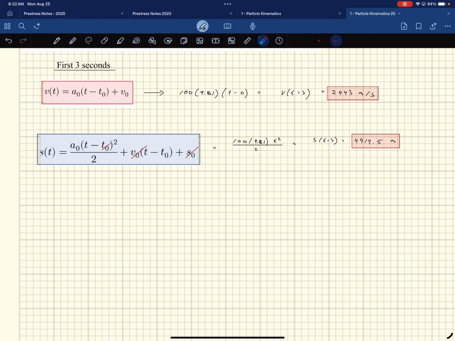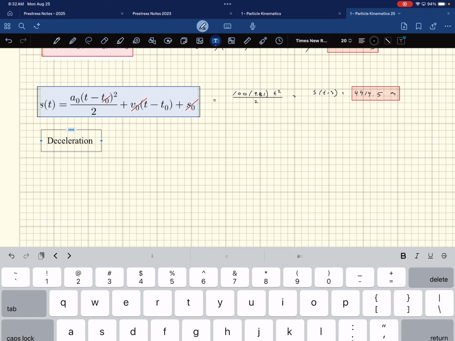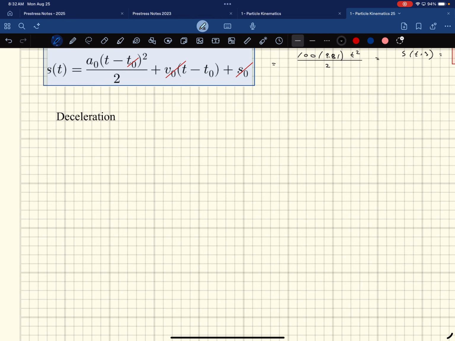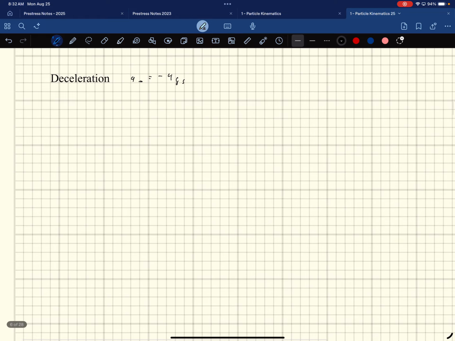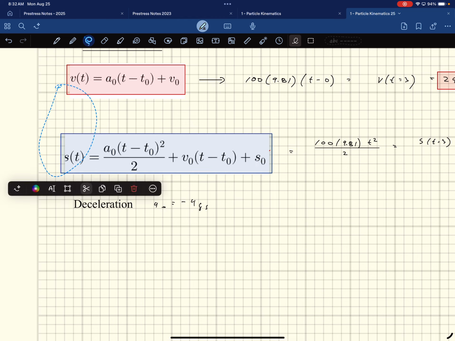So the same thing here. This is, let's say, deceleration. Okay, the deceleration, right? This is negative 4 Gs. A naught is equal to negative 4 Gs. Okay, same equations. Copy them down again because I can.